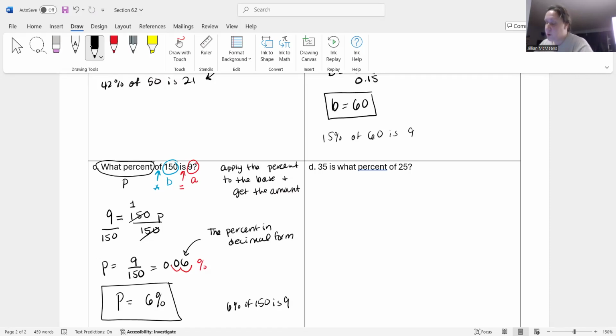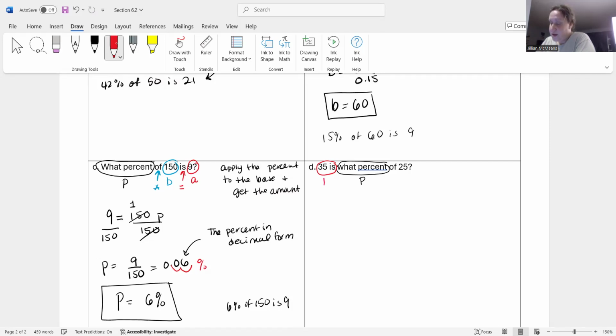Okay, last up for this worksheet, we have 35 is what percent of 25? Well, the what percent tells us really clearly that's our percent and we don't know what it is. Okay? Now, we are also told that 35 is, so we're saying 35 is some percent of 25.